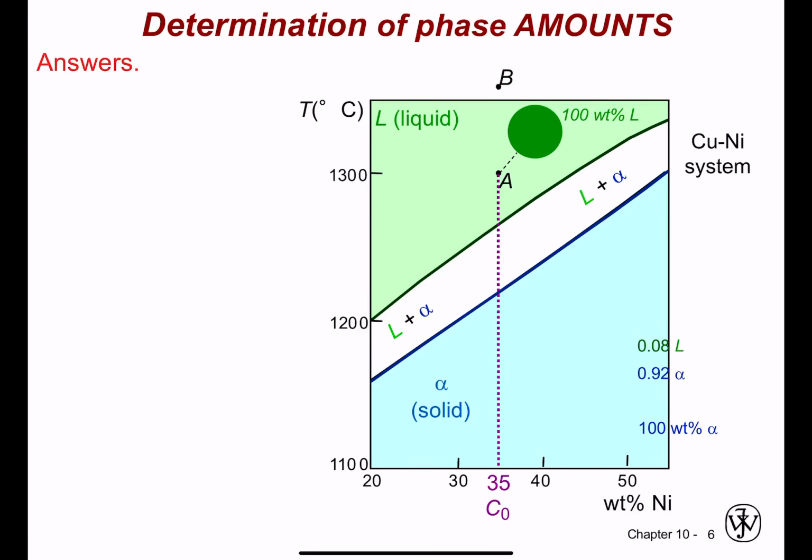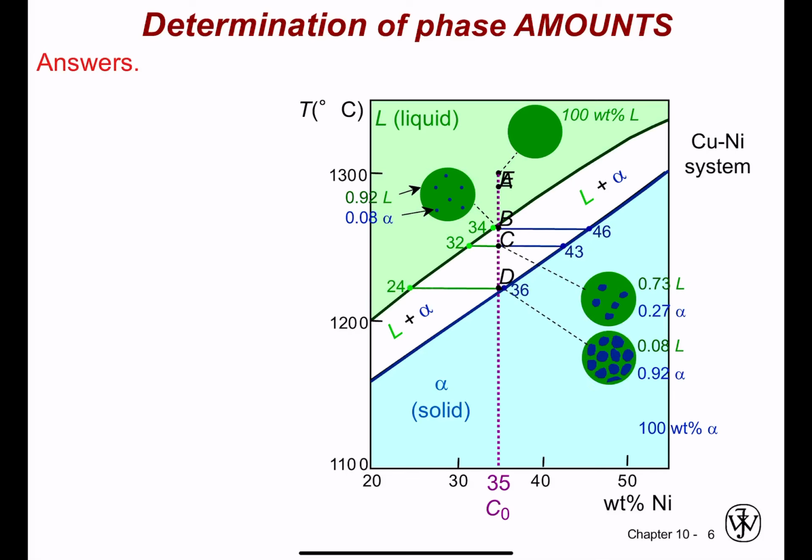Okay, so hopefully you got those answers. So here they are presented to you again, just formalized a little more cleanly for you. And we've seen how we can quantify weight fraction and how they've changed throughout. So notice how the weight fraction of alpha, for example, has gone from 8% to 27% to 92%. And in those transitions, we'll go back.